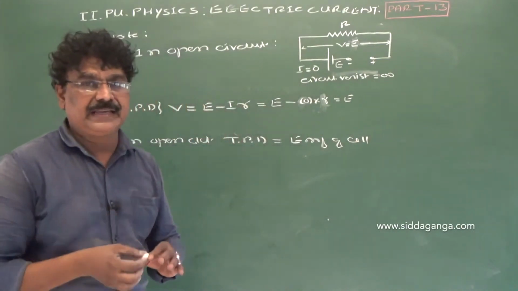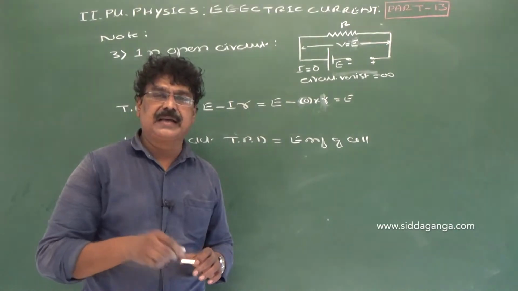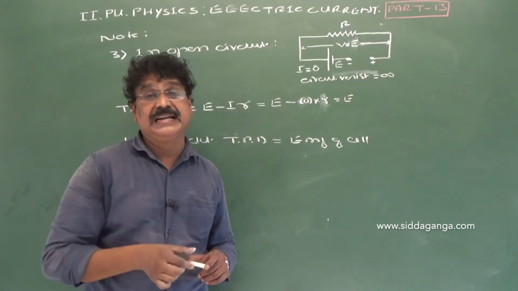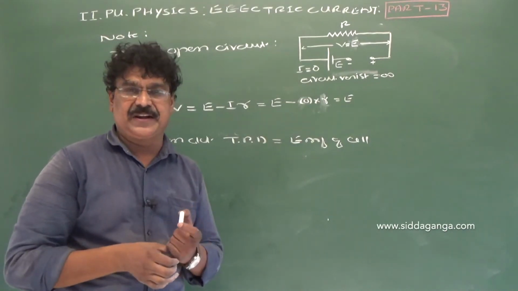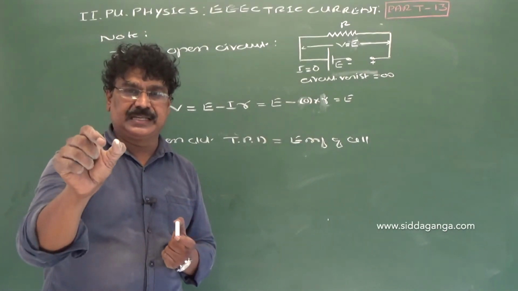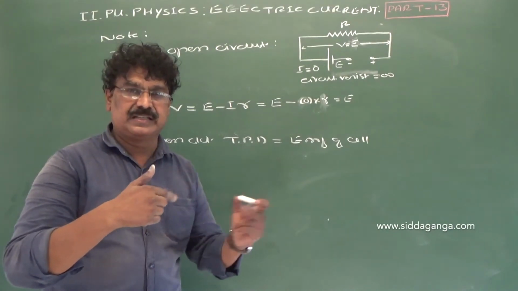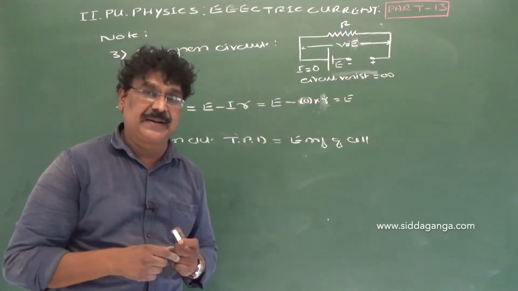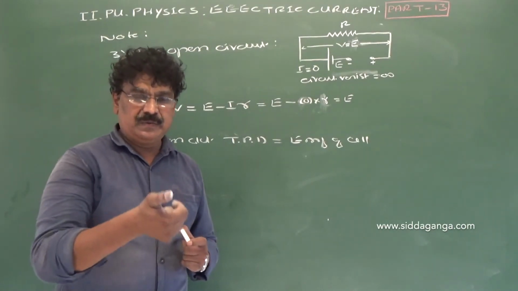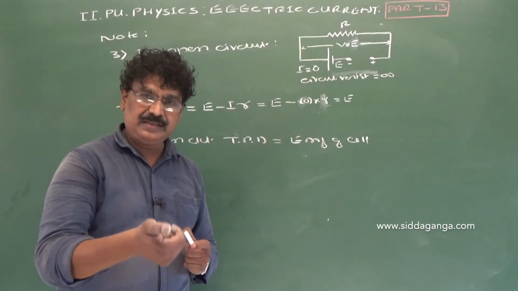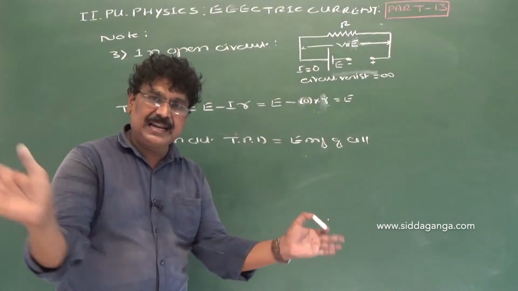In the previous example, when a 3-volt battery is connected to the bulb of a pen torch, the terminal potential difference is 2.8 across the resistor and current flows through it. The remaining 0.2 appears across the internal resistance of the battery. But when the torch is switched off, the potential difference across the cell is entirely 3 volt.